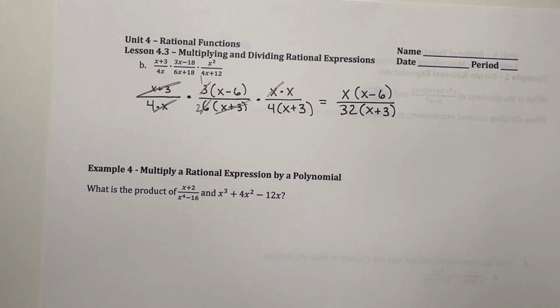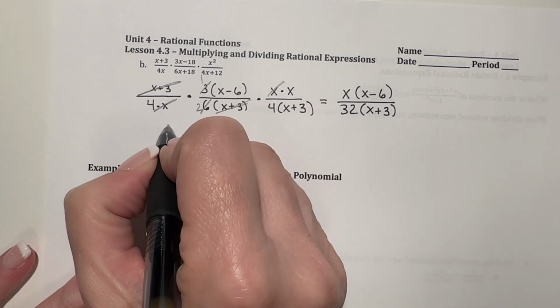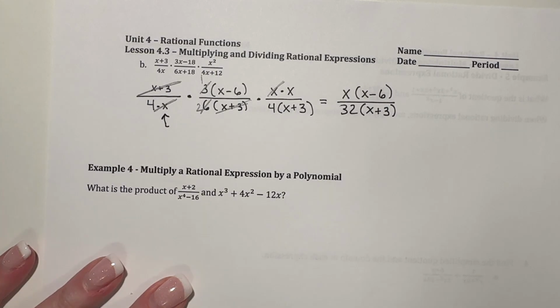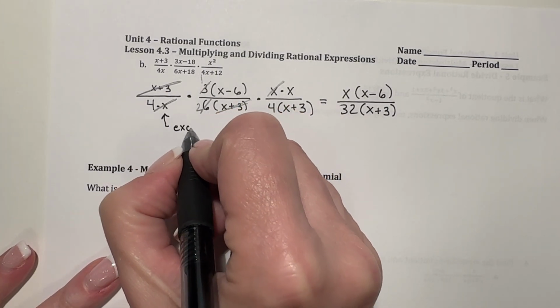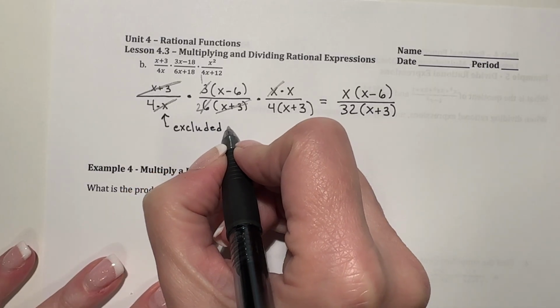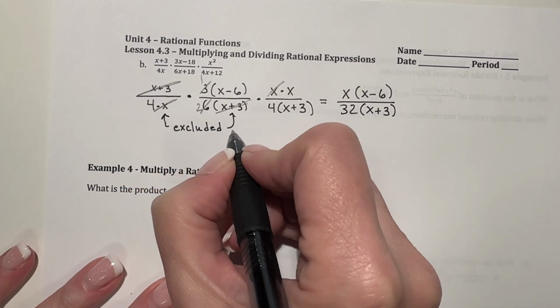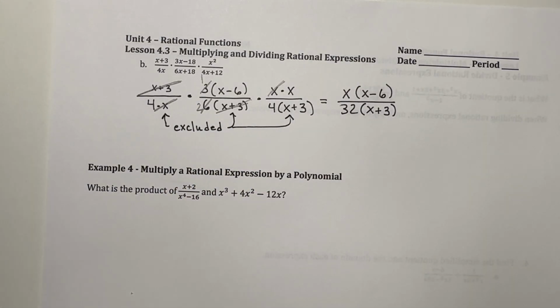Now let's talk about our excluded values. So looking down here at the bottom, you have a term with an x right here that you crossed out. And we have an x plus 3, and we have another x plus 3. So you need to make sure that you are aware of what original problems would have caused the denominator to be equal to 0.